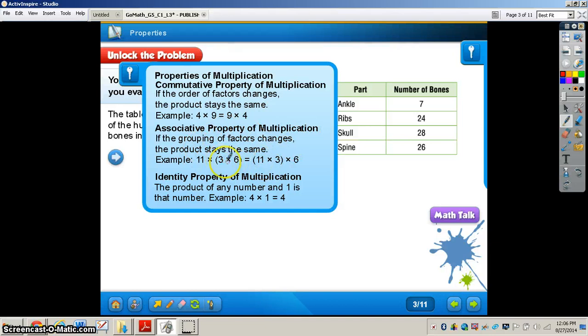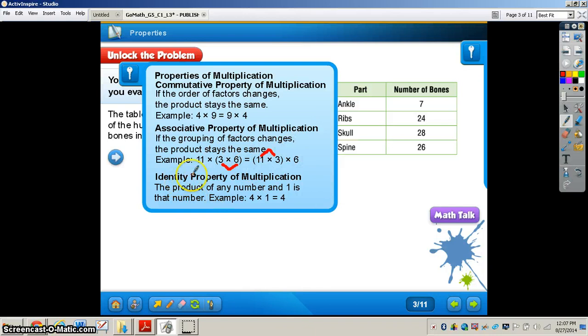In other words, if I have 11 times 3 times 6, and I want to multiply 3 and 6, giving me 18, then multiply that by 11, that's going to give me the same product as if I multiply 11 and 3, giving me 33, multiplying it by 6, giving me 198. Both of these will always equal the same.